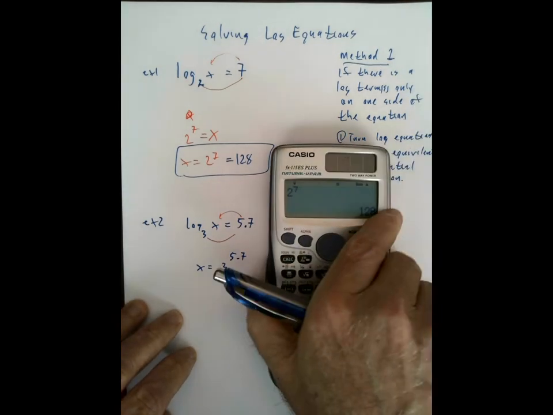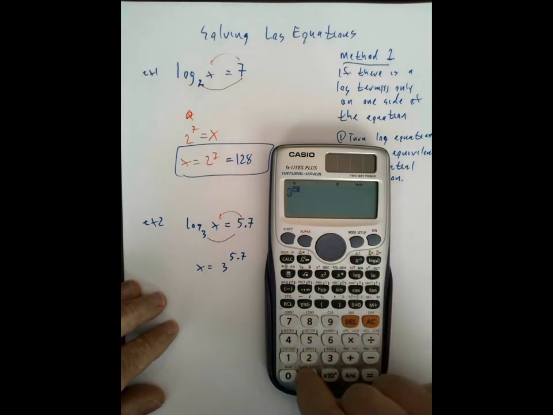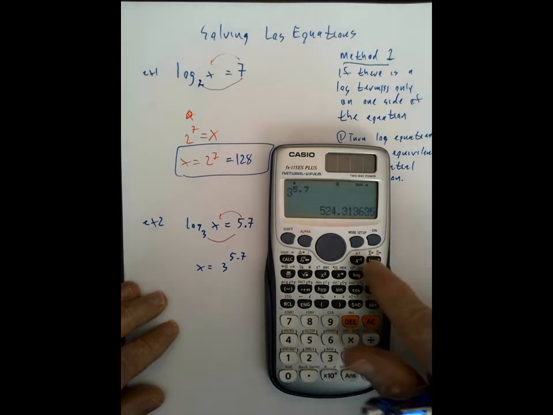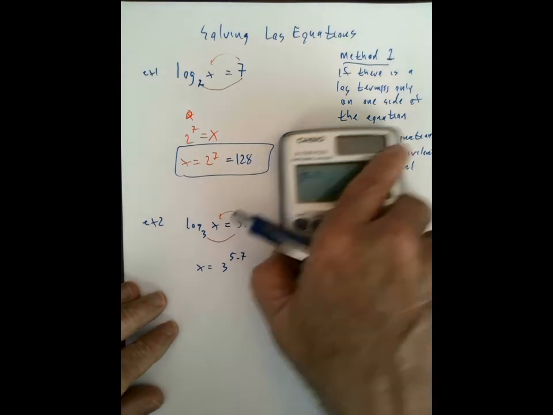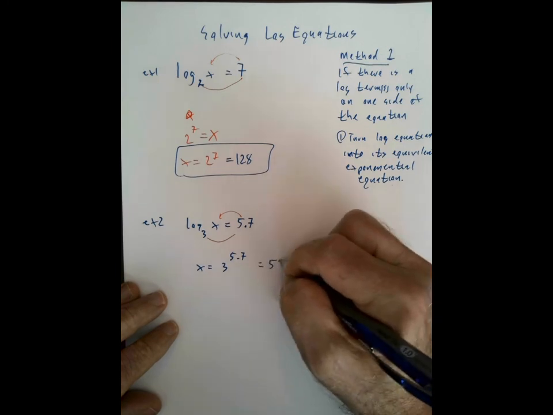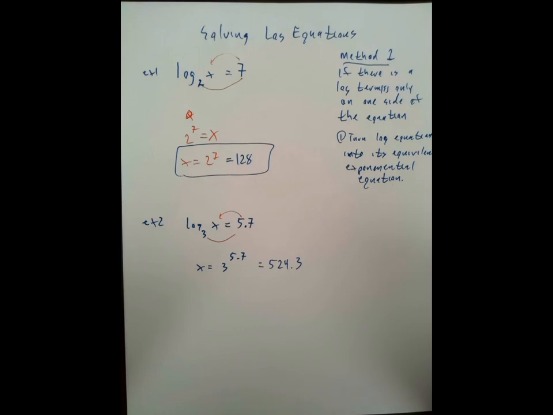And again, Mr. Calculator will do that. 3 exponent, I just type in 5.7, calculator doesn't care. And I'm getting 524.3. Can you see that? 524.3. Rounded off to the tenths place, right?